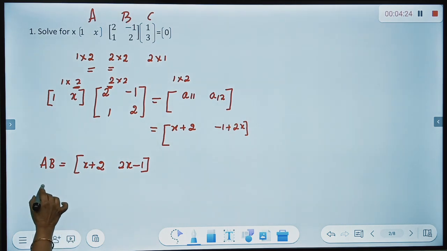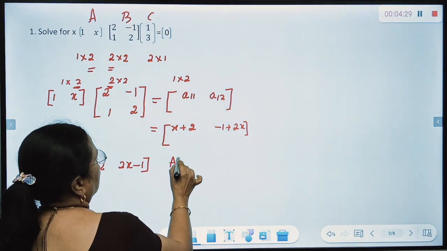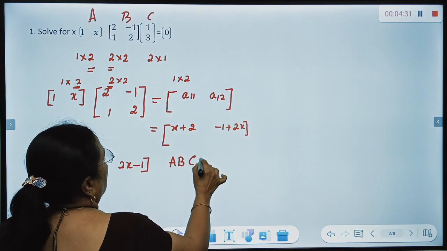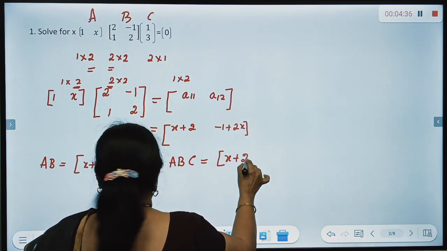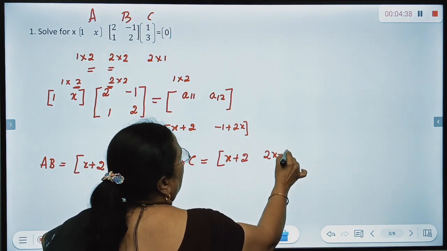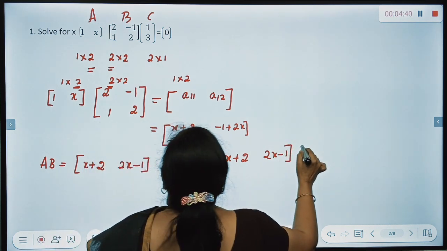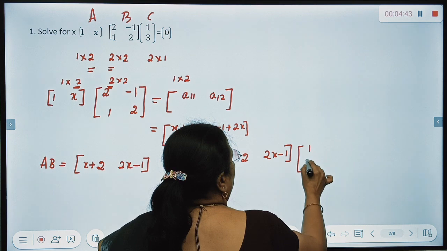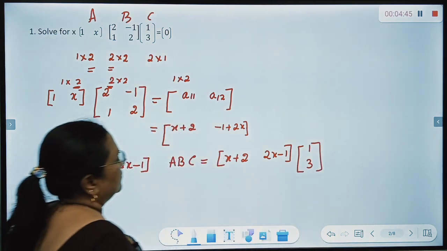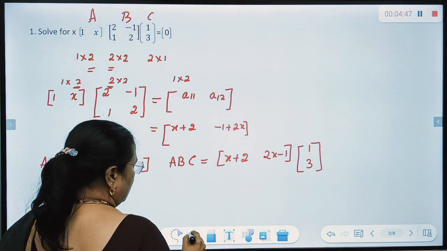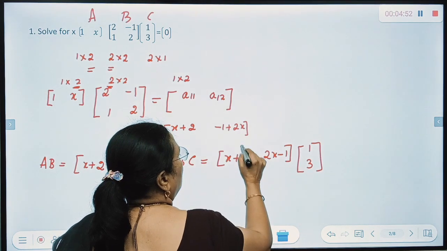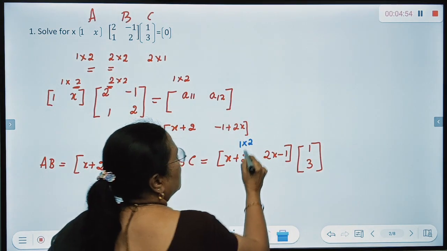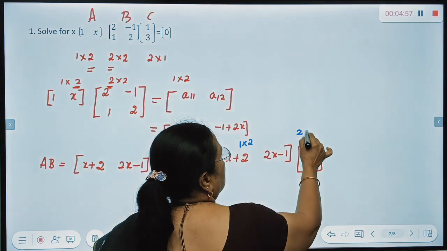Now this is AB. Now ABC will be x plus 2, 2x minus 1 into 1, 3. So what is the order of this? The order of this is one row, two columns. What is the order of this? This has got two rows and one column.